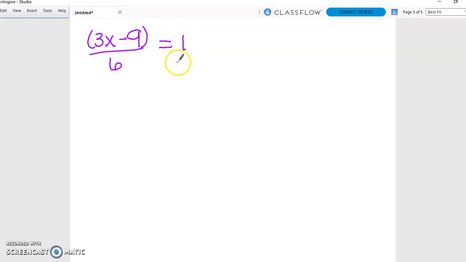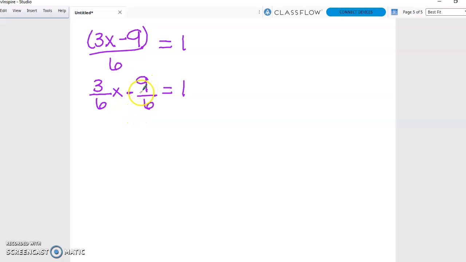I want you to do the same thing you just did in the last problem. Let's break it apart. So now we have 3 over 6x minus, remember I want you to just kick that x out to the side, minus 9 over 6, and let's bring down our equal 1.